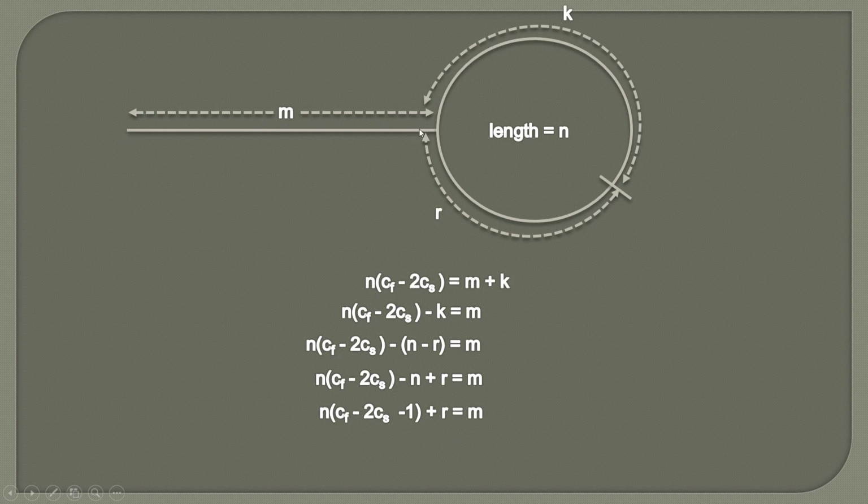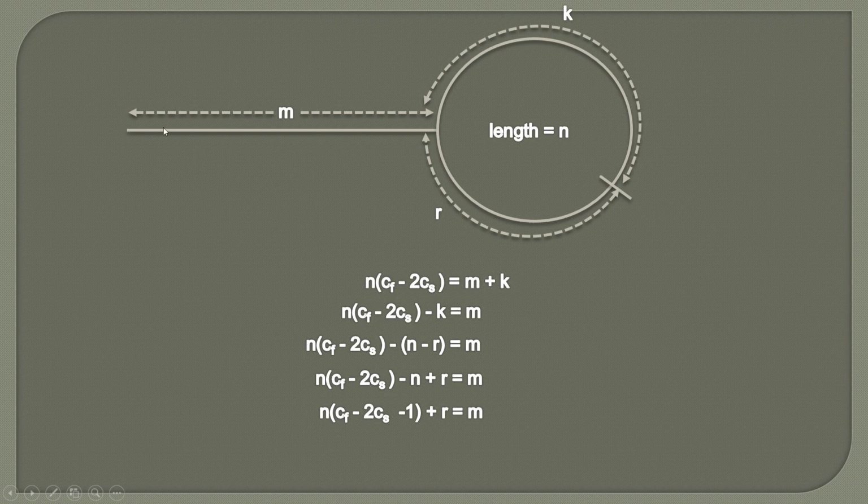If temp moves m steps, the slow pointer has moved some number of cycles, and it would have reached here, and then it would have moved plus r, so it would have met temp here. So which means that based on our values here, from this point, if the slow pointer travels, let's say, 1 cycle, 2 cycles, 3 cycles, it will reach here only.